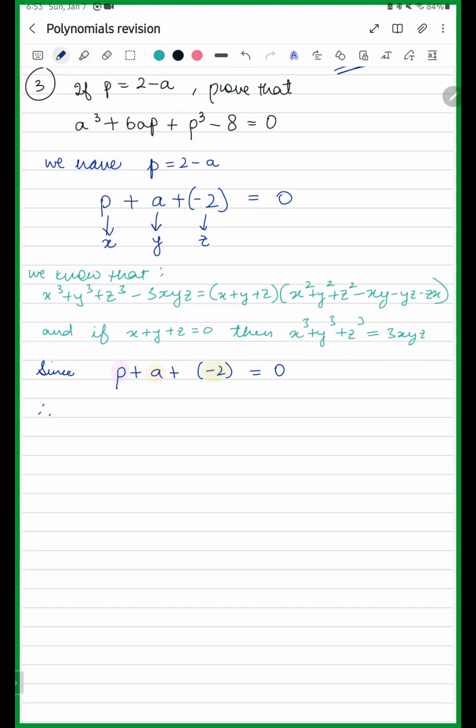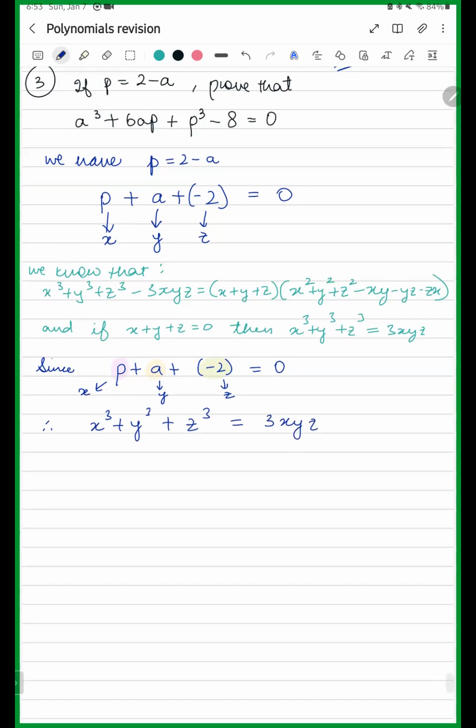If you want, you can write it in the question: x, y, z. Therefore, x cube plus y cube plus z cube is equal to 3xyz.